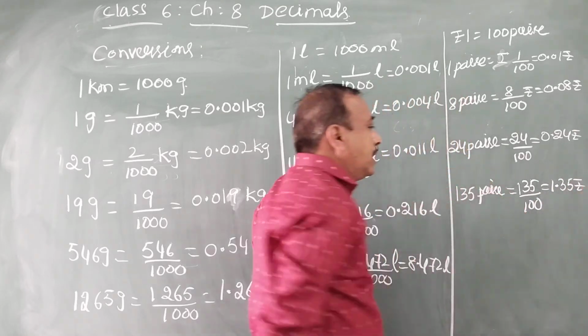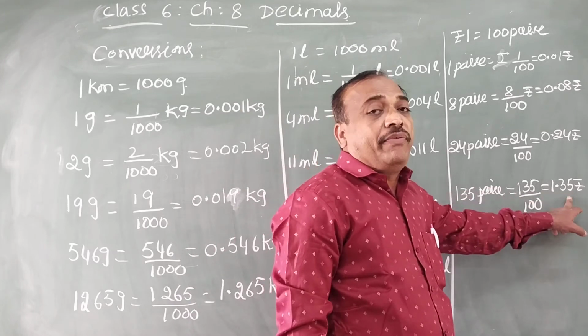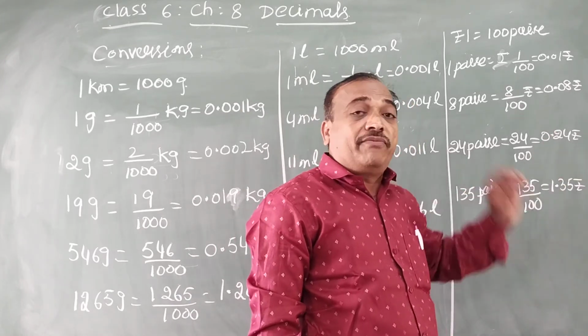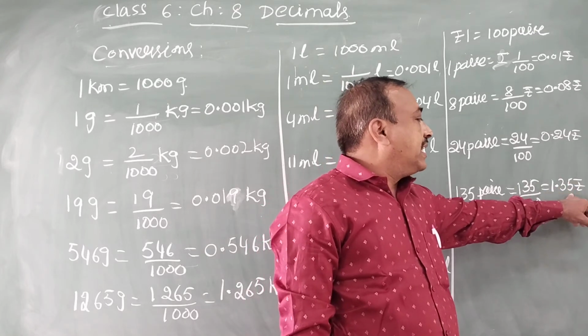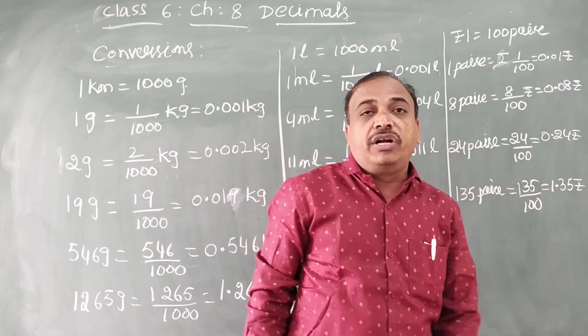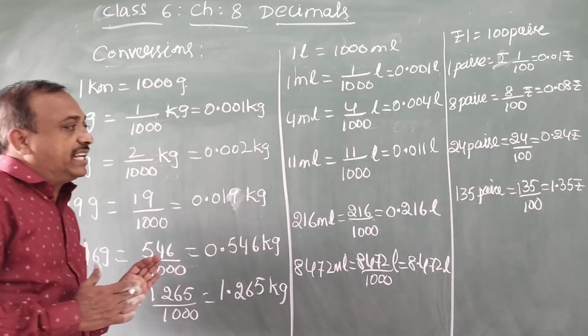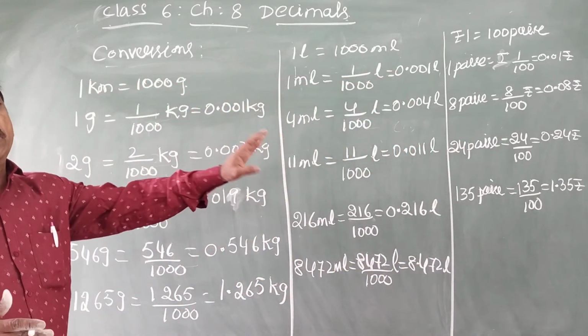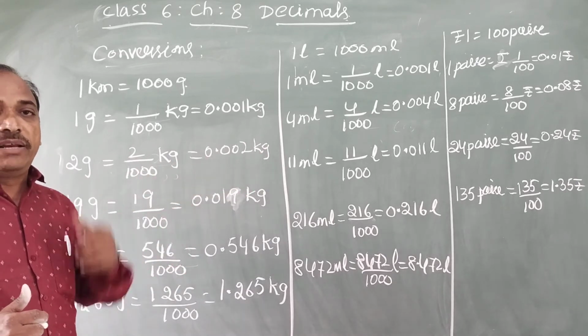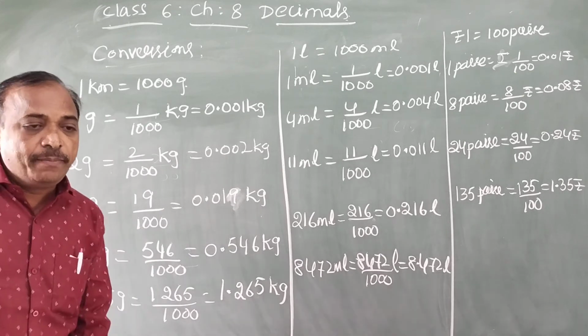That means rupee 1 and 35 pies, but we will read it as 1.35 rupees. Like this, we convert smaller quantities into bigger quantities by making the denominators as per the requirement. I hope you understood.